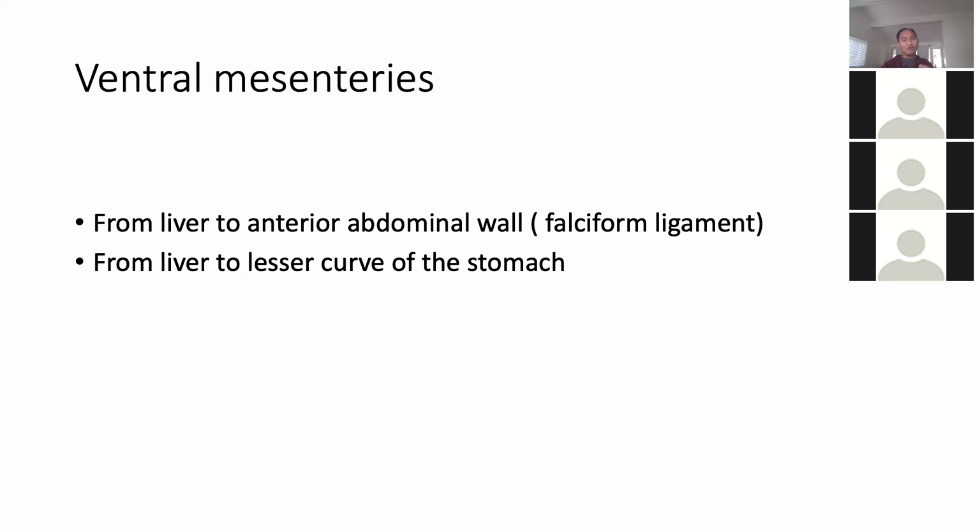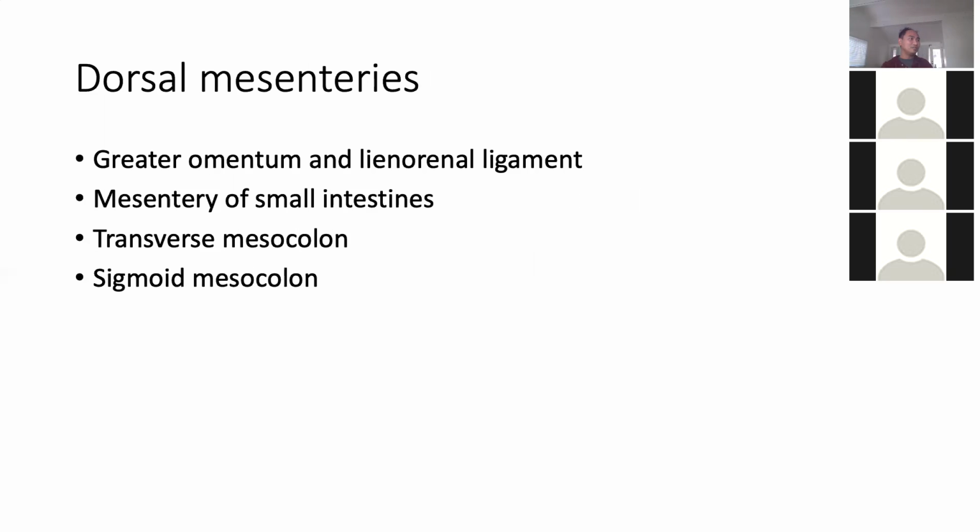Ventral mesentery, of course, we know that it is from the liver going to the anterior abdominal wall. For example, the falciform ligament is ventral mesentery. From the liver going to the stomach is also called ventral mesentery. Dorsal mesentery: from the sigmoid colon going to the posterior abdominal wall, the sigmoid mesocolon.